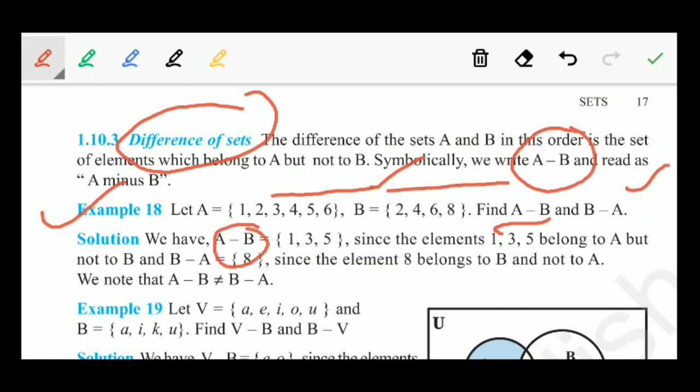We will take only elements of A, not of B, in A minus B. But in B minus A, we will take only the elements of B, not A. See its result. And remember, A minus B is not equal to B minus A.